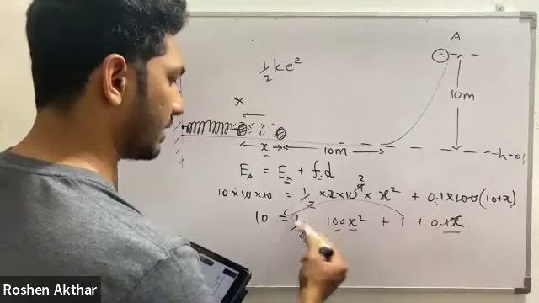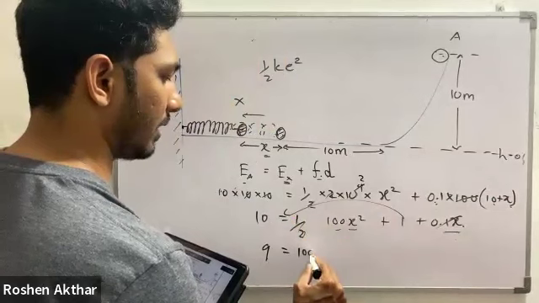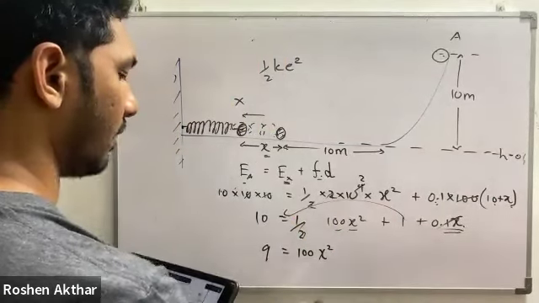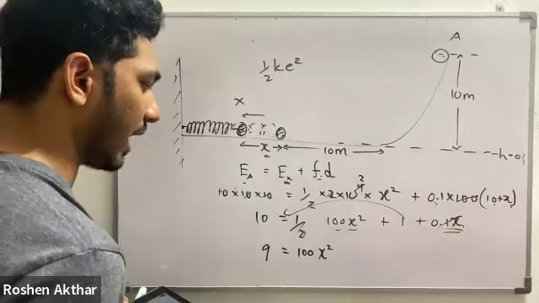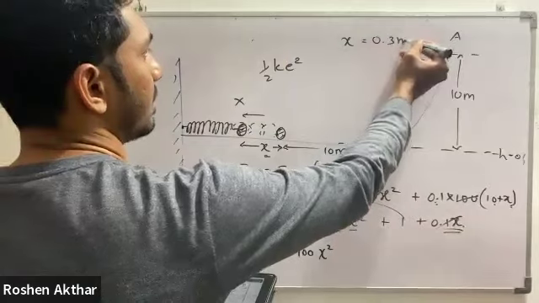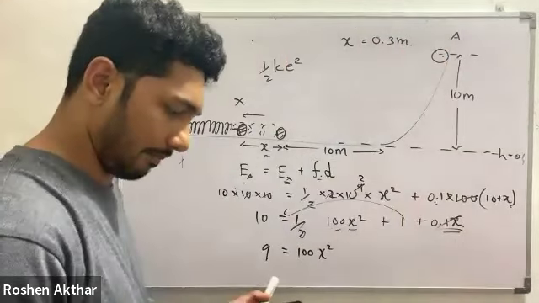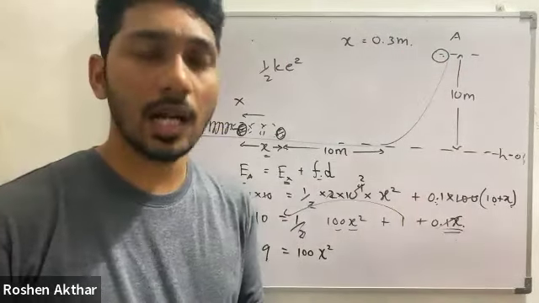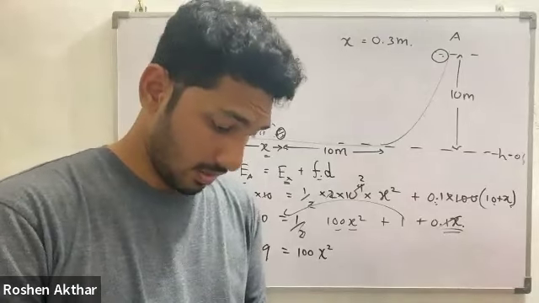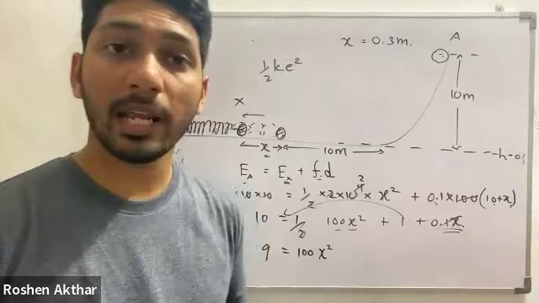So you take it to this side, it will be 9 equal to 100 x squared. We have already neglected this. So take the square roots here, and then you will get x is equal to 0.3 meters. So the correct answer is the third one. Any questions?